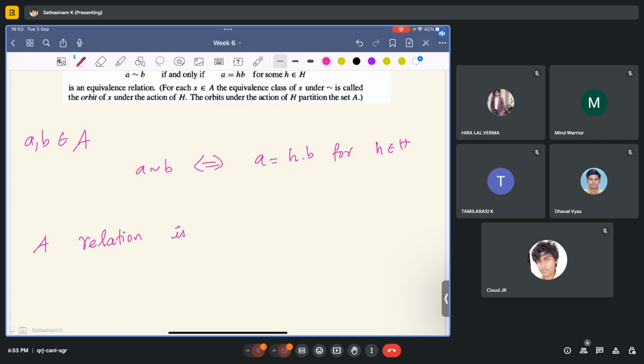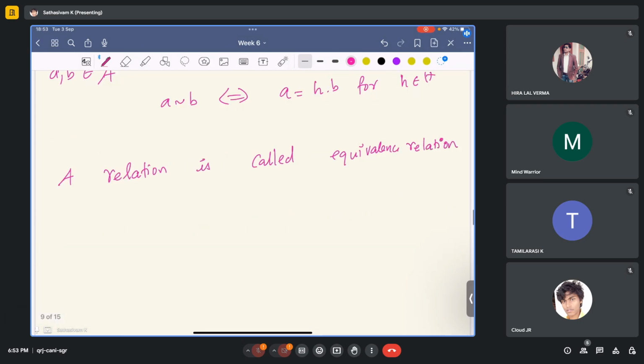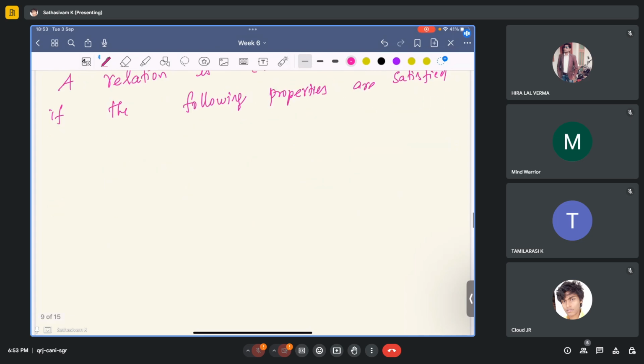A relation is called an equivalence relation if the following properties are satisfied. What is the first property?